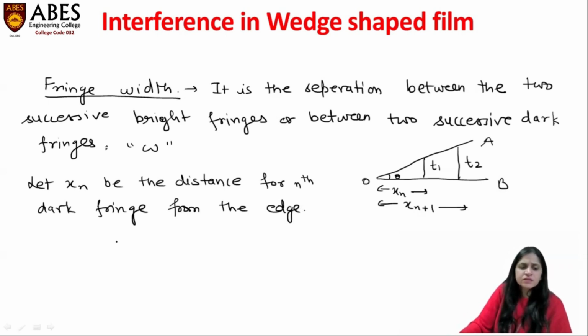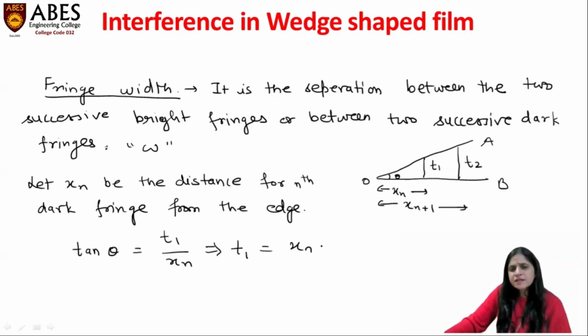So from the diagram, what is the value of tan theta? Very right, students, it is T1 upon xn. Or what is the value of T1? T1 is xn tan theta. So this is equation number 4.